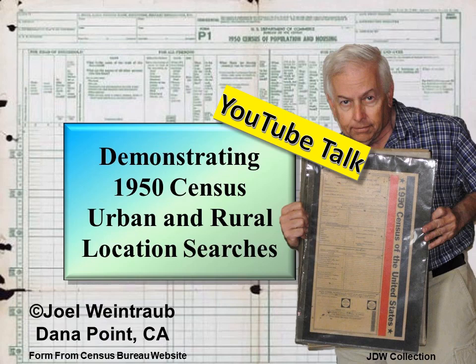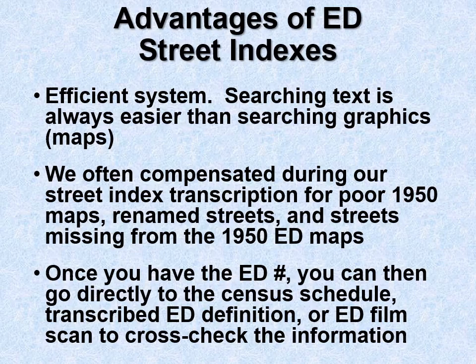I have YouTube videos demonstrating how to use the unified tool for urban and rural location searches. We'll go into that here. The advantage of ED street indexes is it's an efficient system when it works. Searching text is always easier than searching graphics.